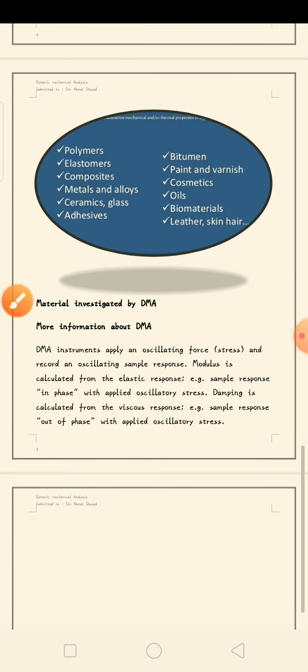More information about dynamic mechanical analysis. Dynamic mechanical analysis instruments apply an oscillating force or stress and record an oscillating sample response.